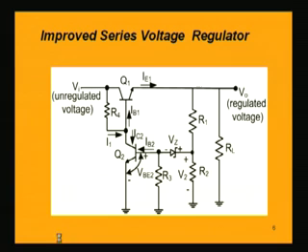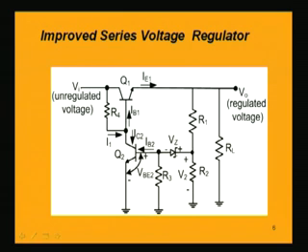Now another modification or improvement of this series voltage regulator is done in this circuit, which is a little more complex than the earlier one, but it is better. If we look into this circuit, we can see there are two transistors Q1 and Q2, and also another Zener diode.